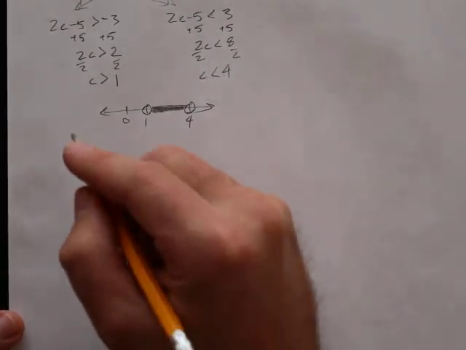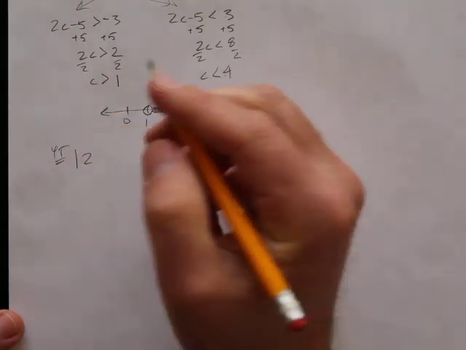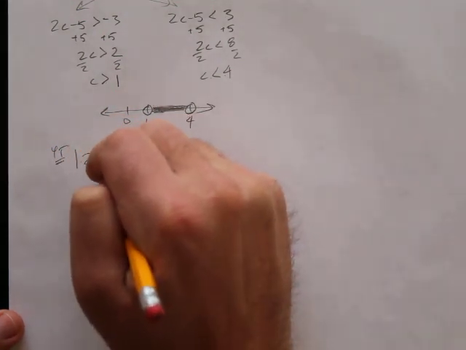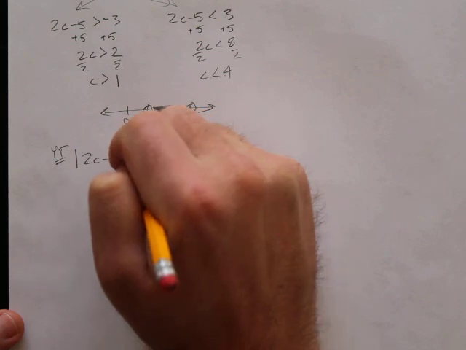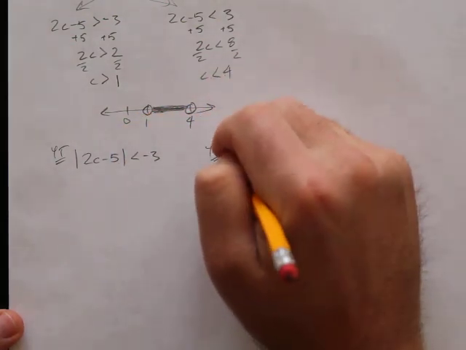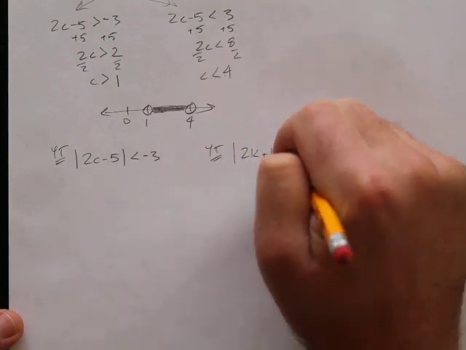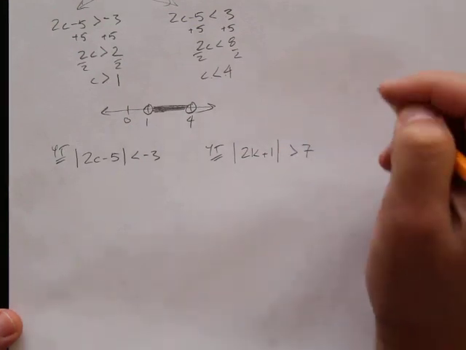And we've got 2 last you-tries for you to do. The absolute value of 2c minus 5 is less than negative 3. And another you-try, the absolute value of 2k plus 1 is greater than 7.